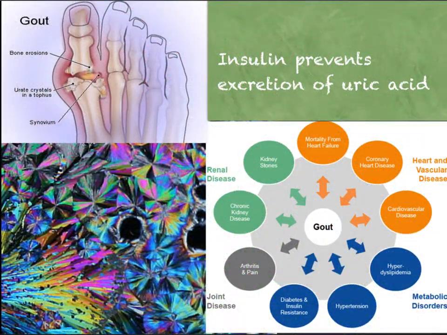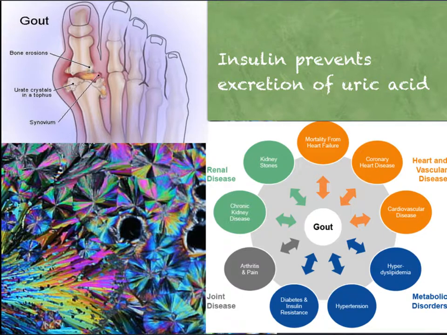Gout. Again, gout is caused by a rise of uric acid. This rise of uric acid will make crystals, which will destroy the smooth surface of joints, leading to severe pain, swelling, and redness, and unbearable, agonizing pain in the joints, and loss of function of the joints.